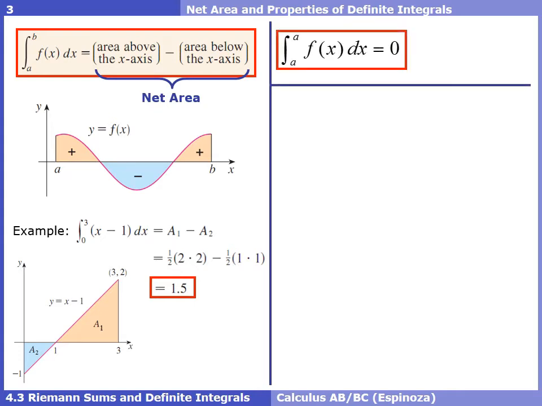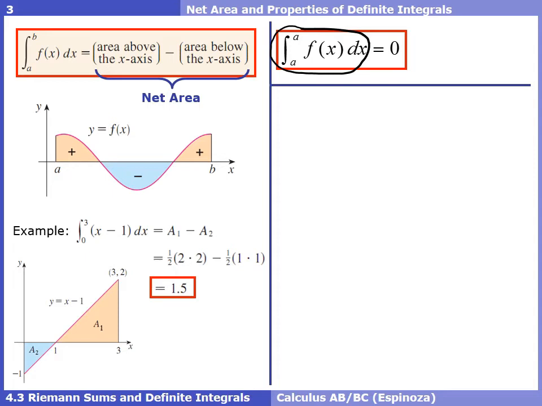There are some other properties we need to realize when we're dealing with definite integrals, and I think this one, after you think about it for a sec, makes perfect sense. Why is the integral from a value to that same value, from a to a, equal to 0? Well, this is a definite integral, and it represents area. If you want to find the area from one point, and the next value is the same exact point, we've gone nowhere.